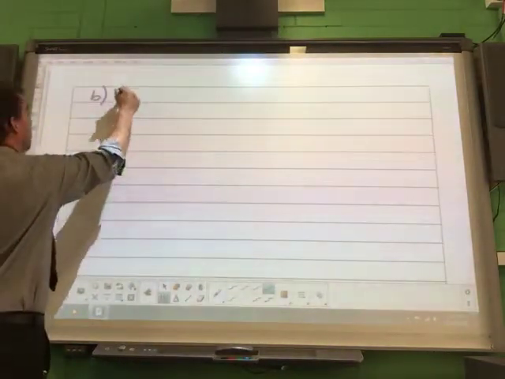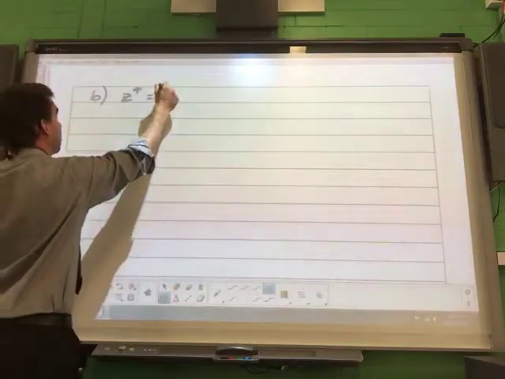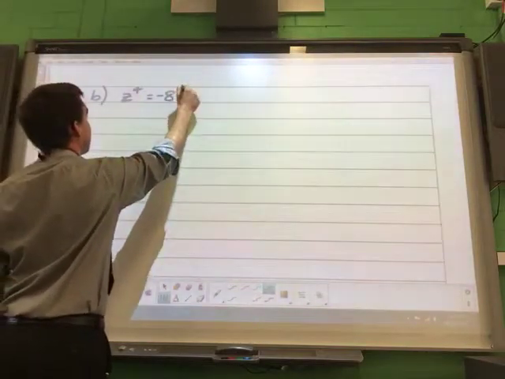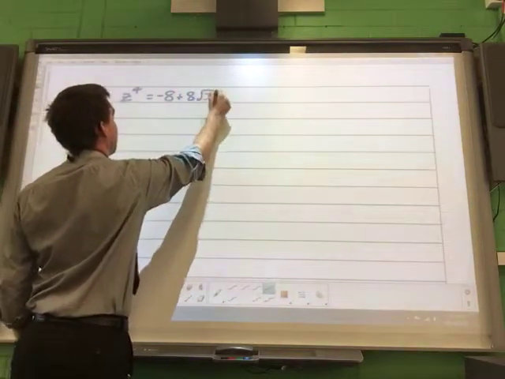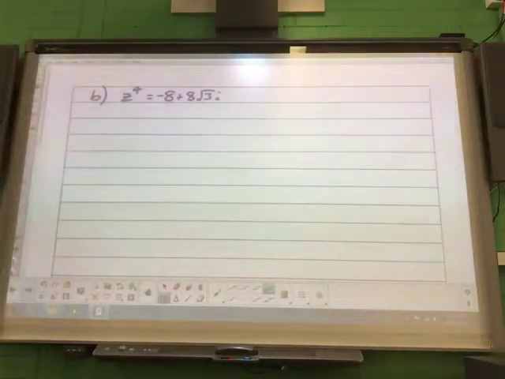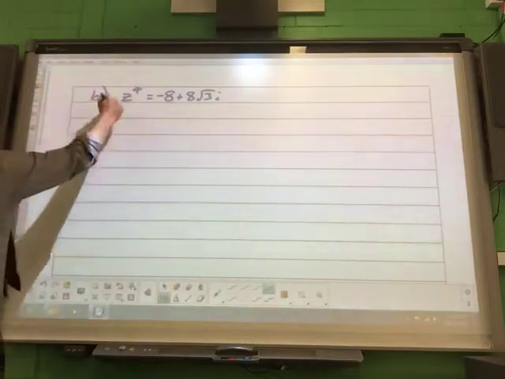Alright, so what we're really finding is z where z to the power of 4 is negative 8 plus 8 root 3i. So we're finding the fourth roots, okay? It means we're finding 4 roots around the circle formed by that complex number. So the first thing you need to do is always find the modulus and find the argument, just for z.